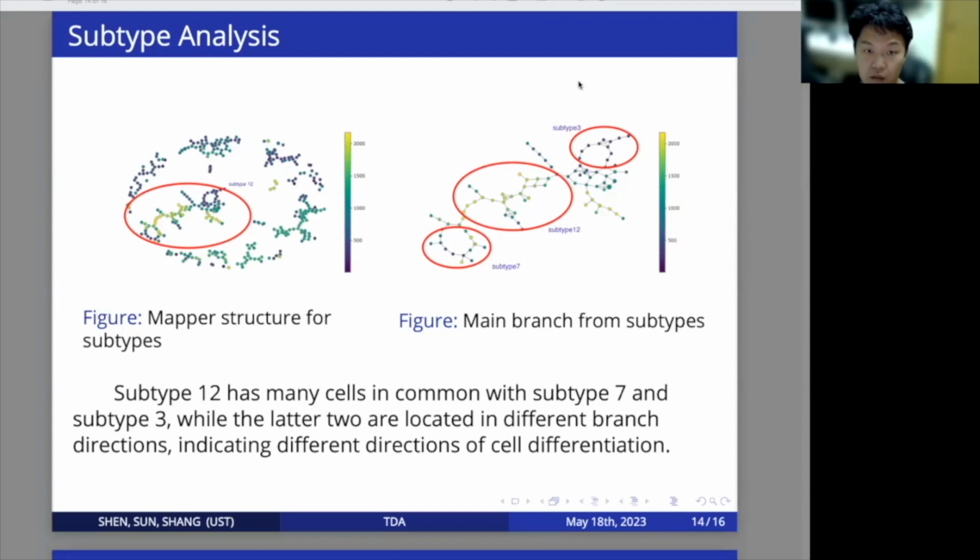In the figure, we may find that subtype 12 has many cells in common with subtype 7 and subtype 3, while the latter 2 are located in different branches, which indicates different directions of cell differentiation. The same thing happens between subtype 7, subtype 5, and subtype 8, when we look at more details in their nodes.